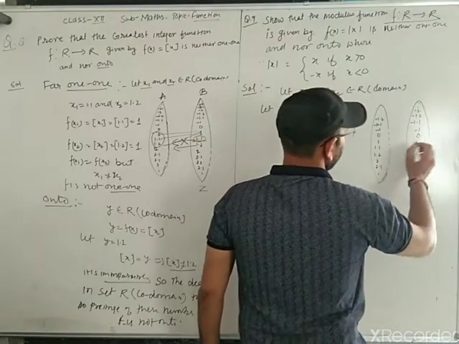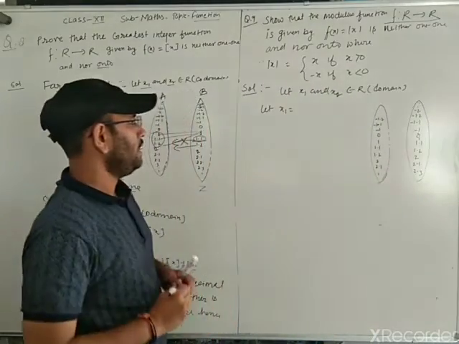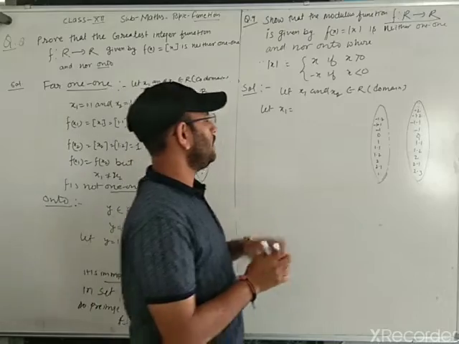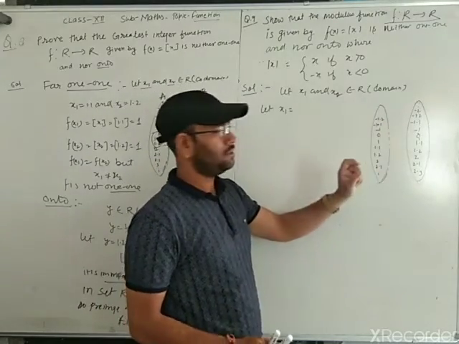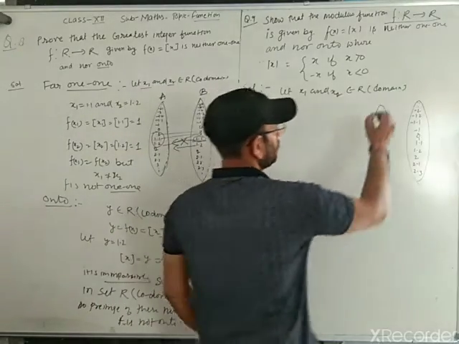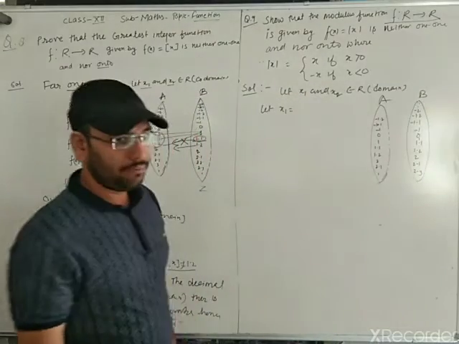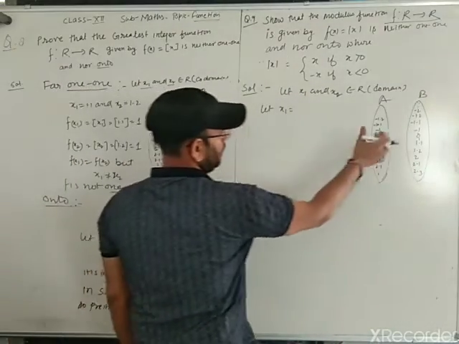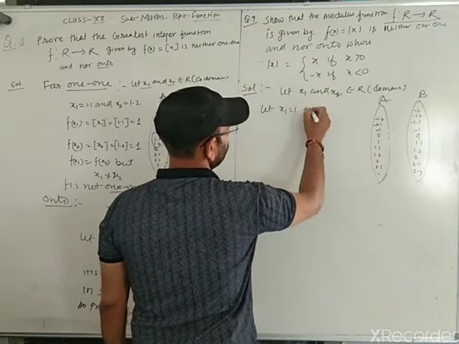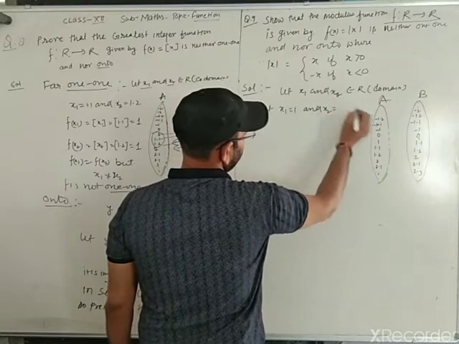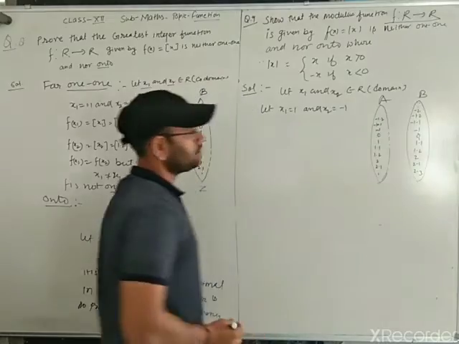We select x1 from this set A, and the result we get is in set B. So x1 I can select 1 and x2 I will select minus 1.